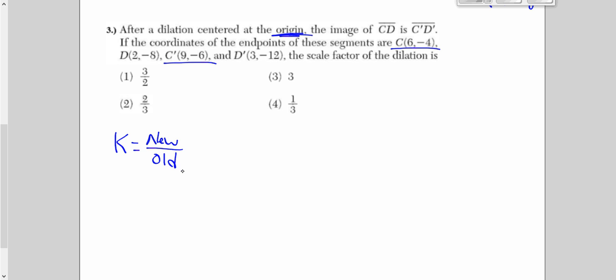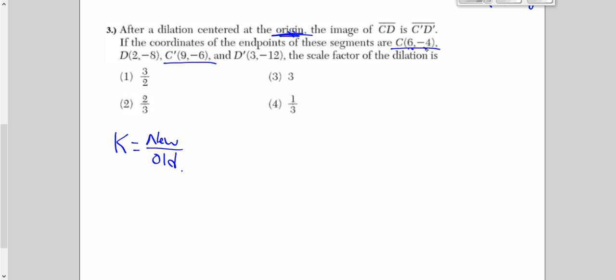Are you with me on that? Okay. So since it's centered at the origin, isn't the rise and run just the coordinates here? So the 6 would be the old run, and the -4 would be the old rise, because it would be 6 minus 0 in the slope formula.